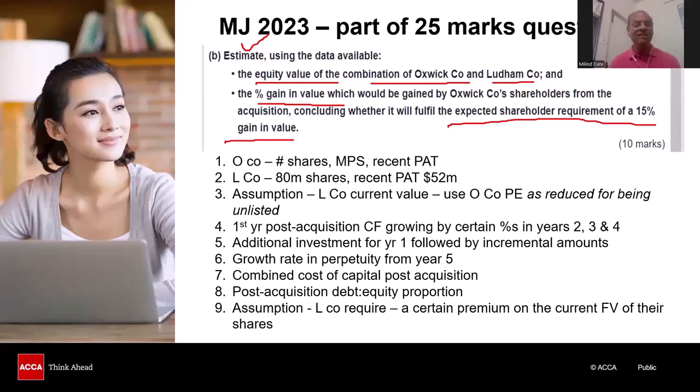First year post acquisition cash flows, then growing by certain percentages in the years 2, 3, 4 that I will take together. Additional investment that is required for year 1, followed by certain incremental amounts for the next year or years.